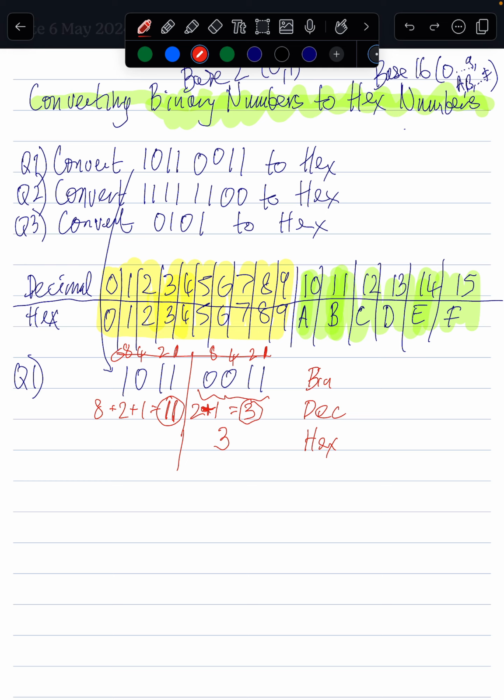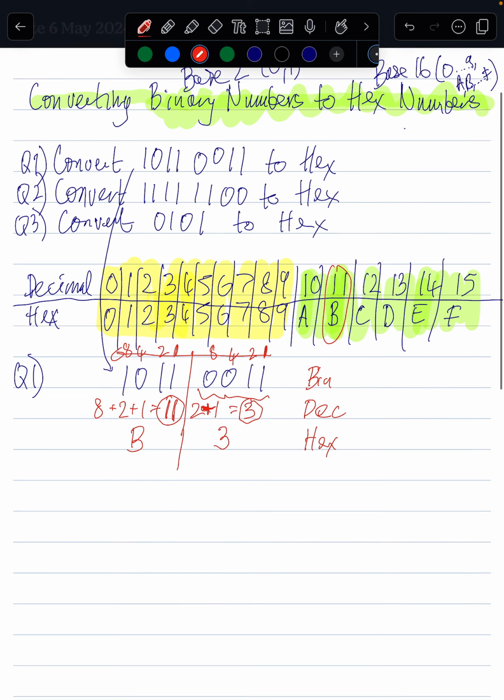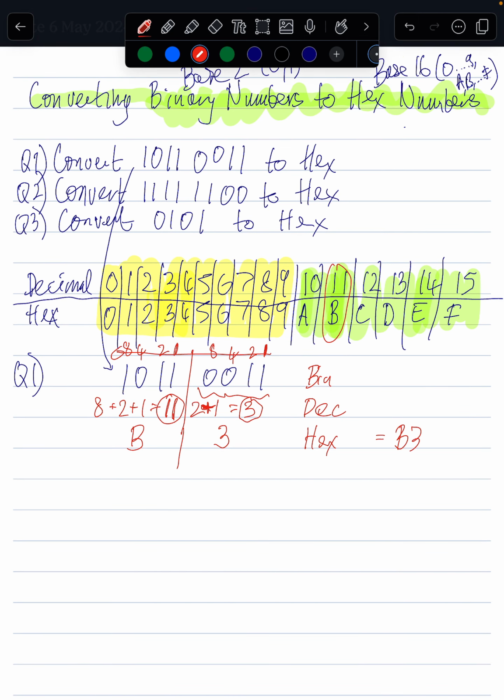Now we're just considering this part, and the 11 in decimal is B in hex, and that is our final answer. So our final answer is just B3. We don't add these numbers or do anything else. So this binary number is B3 in hex.